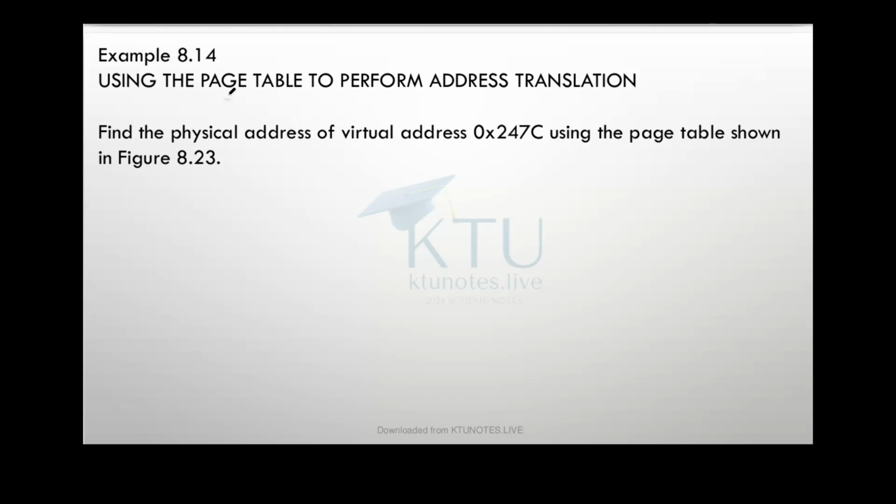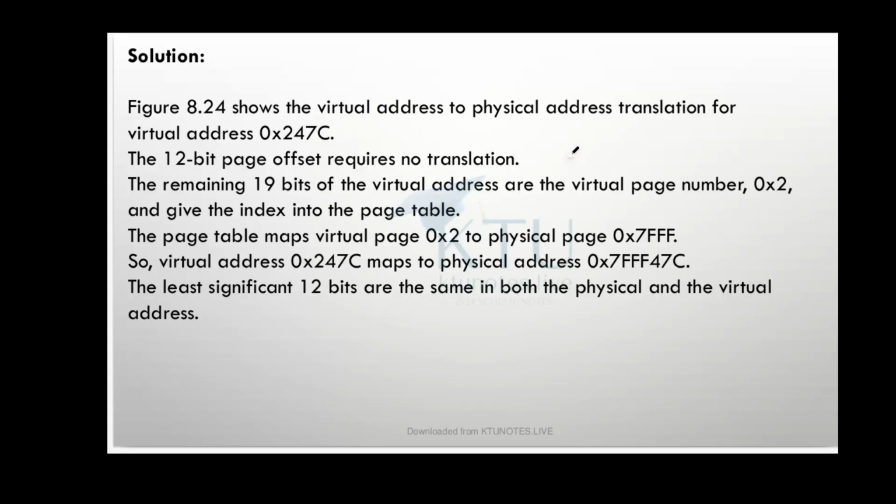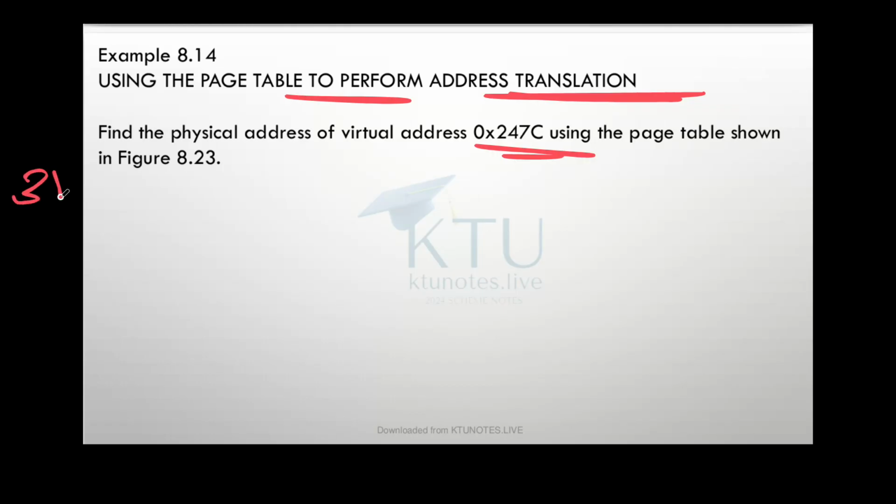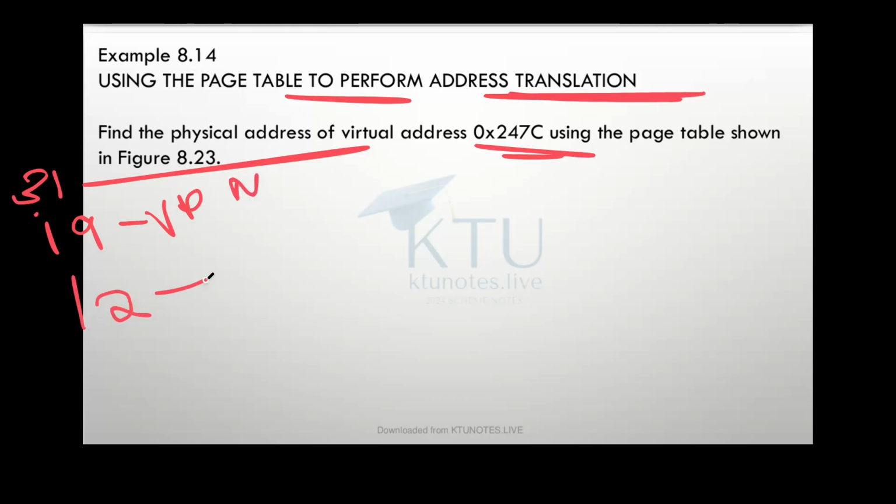Now, using the page table, we have to perform address translation for 0x247C. Let us consider it a 31-bit virtual address. First we convert it into 31-bit binary form. From that, the most significant 19 bits are my VPN and the later 12 bits are my offset.